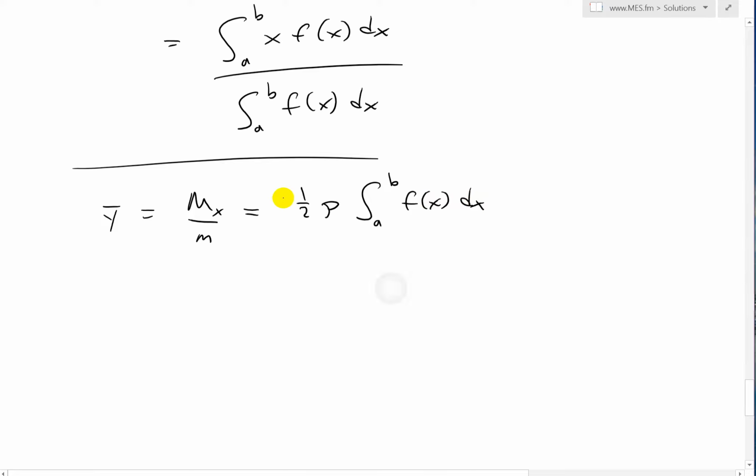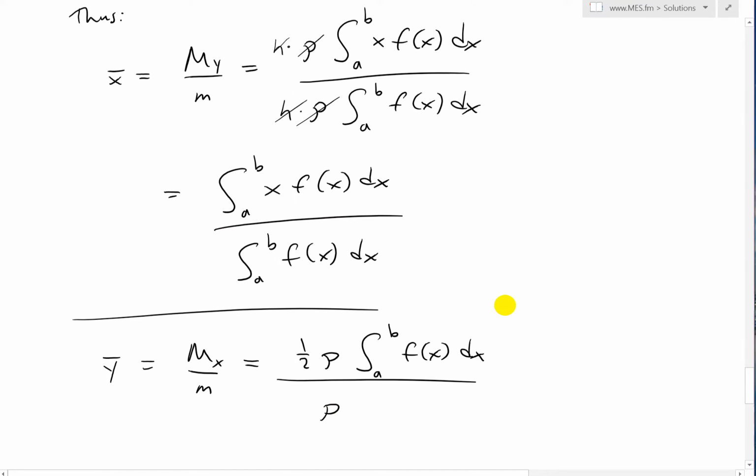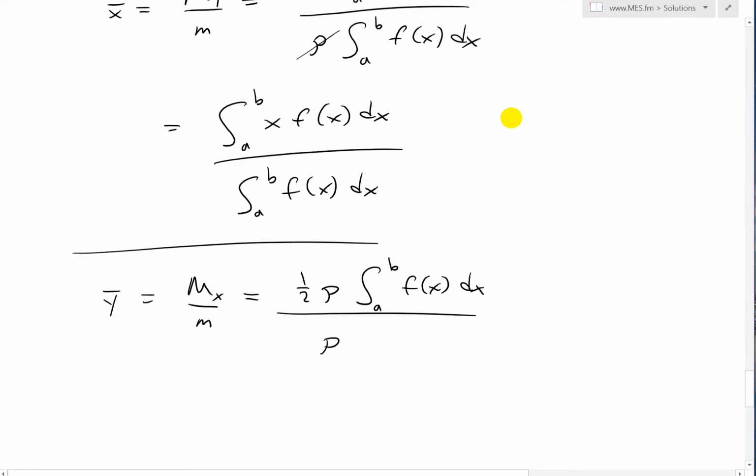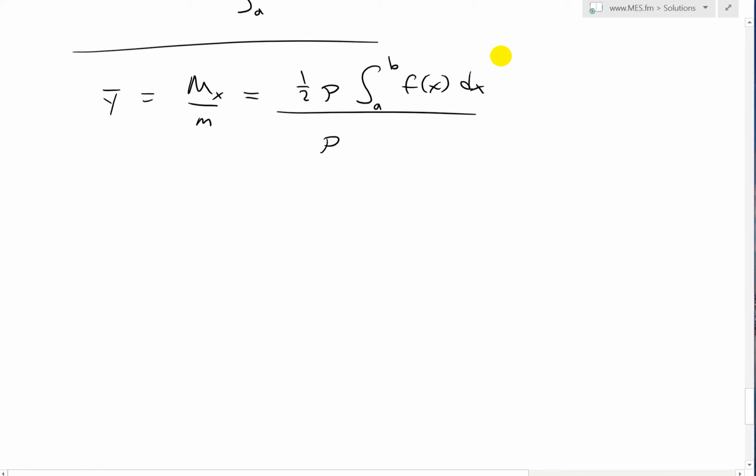Again, if we include the h, it's still going to all cancel out. Even here we have rho; if we included it, it doesn't matter, we'll still cancel. Now divided by the mass, rho times the integral from a to b of f of x dx.